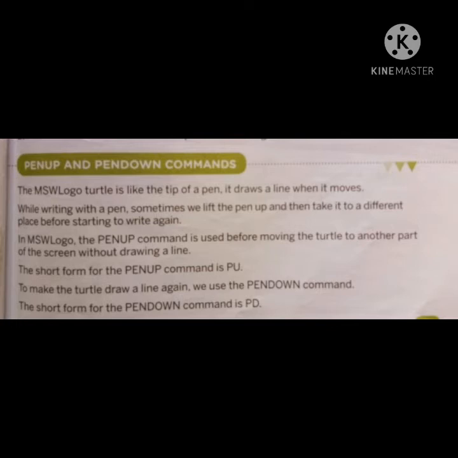And when you are sure that you have reached the point from where you have to draw the line, there you can give pen down command, that is PD or PENDOWN command. After giving PD, that is pen down command, then as usual you can give FD space 100 and start drawing lines or drawing the shapes.